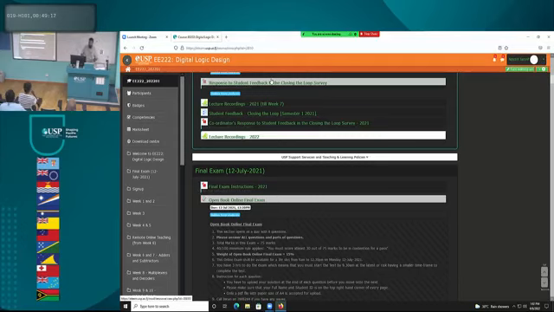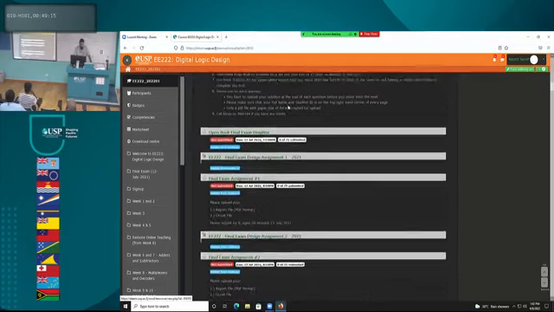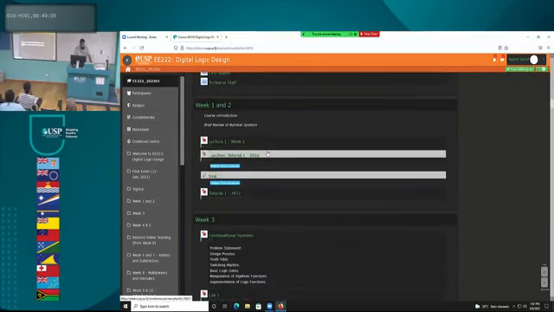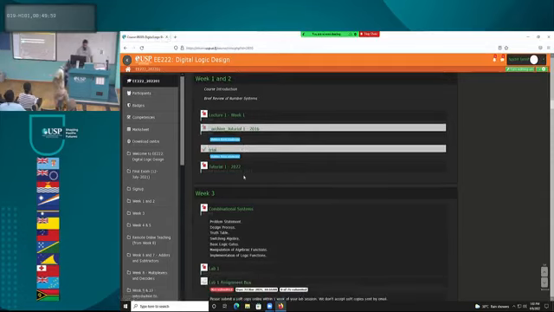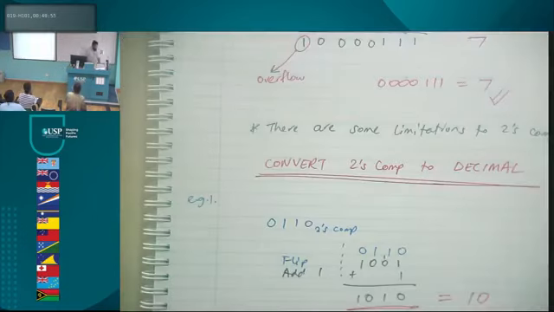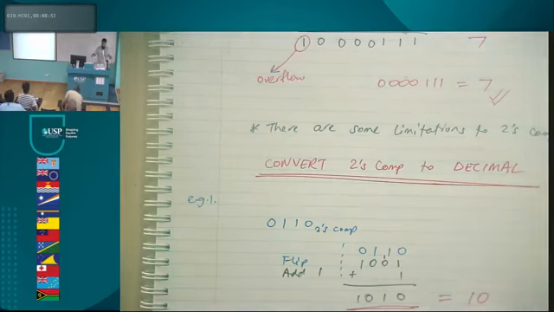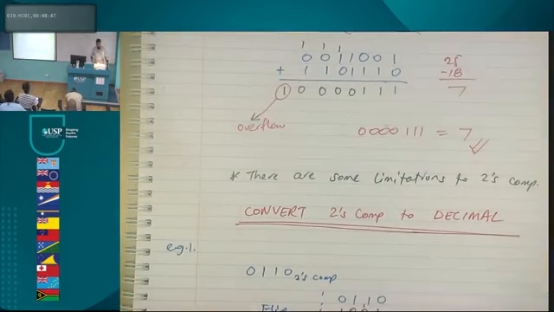We will be looking at two's complement. We continue with two's complement today. Let me switch over to the document camera. Lights. All right, we have lights.